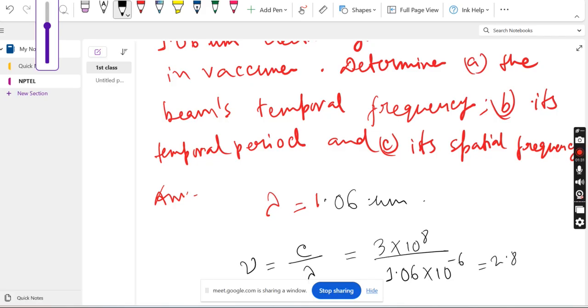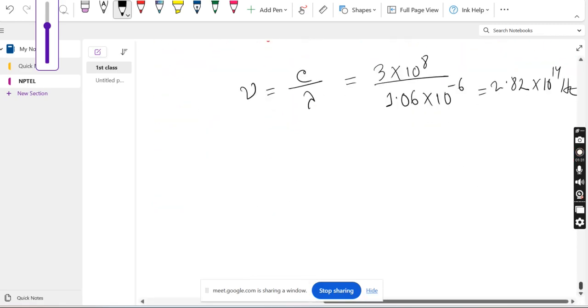That will be about 2.8 into 10 to the power 14 hertz. This is the temporal frequency.